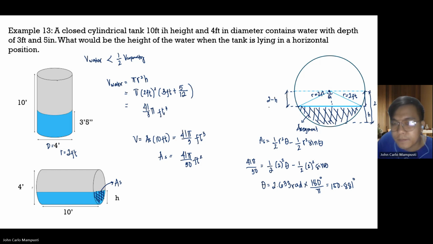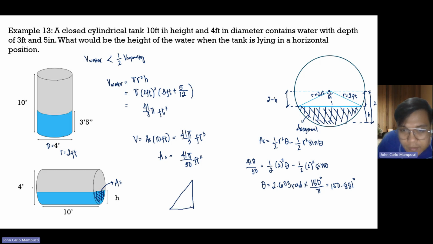So, the height of our triangle there is 2 minus h. Wait, let's draw it. It's an isosceles triangle. We have radius equal to 2. We have here theta over 2. Here we have 2 minus h. So, how do we get h? We're going to use the radius of 2 feet and of course our height of 2 minus h.